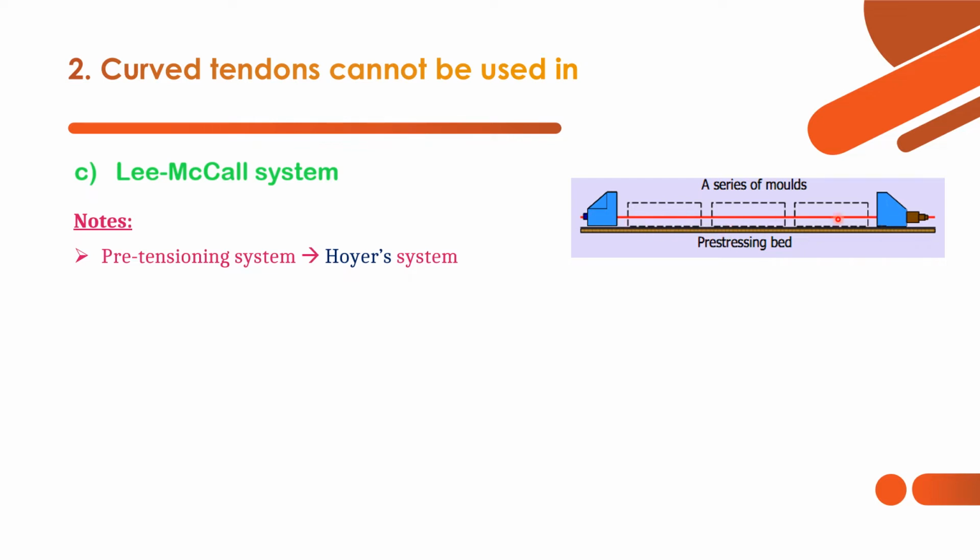This red line is the tendon or the group of wires, and here the pre-tensioning occurs. After tensioning, the concrete is poured. Pre-tensioning means first the tendons will be pulled or tensioned. After that, the concrete will be cast, and after casting, this jack will be removed. So that is the pre-tensioning system.